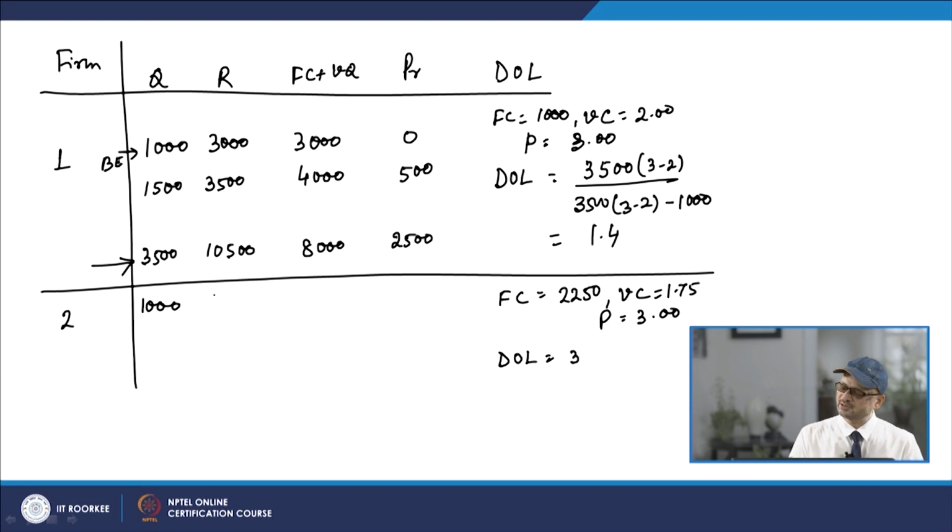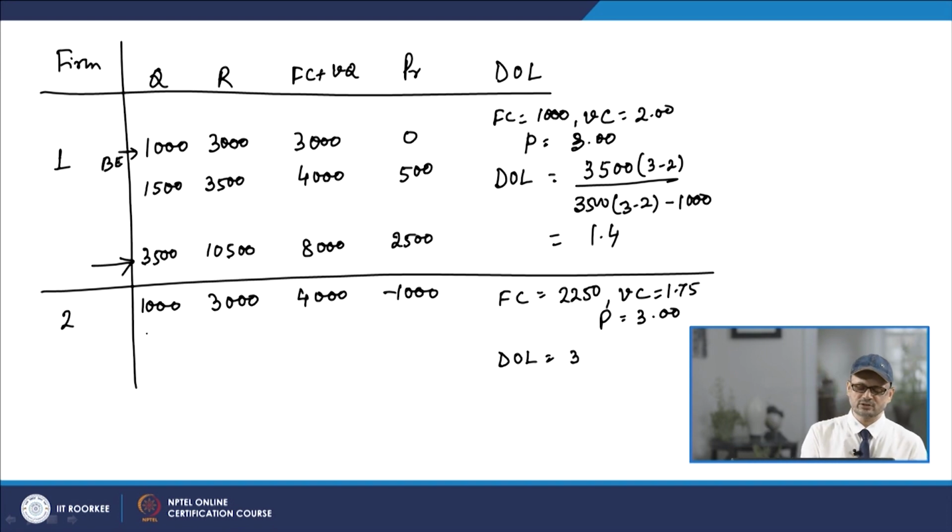Now, for 1000, R is certainly 3 into 1000, so 3000, and total cost will be fixed cost plus 1000 into 1.75. So, it will be 4000 in fact, and in this case you have no profit, it is basically a loss.